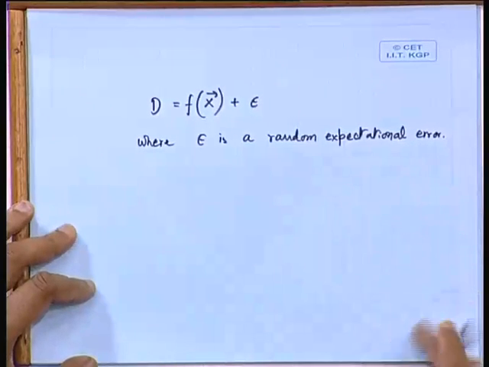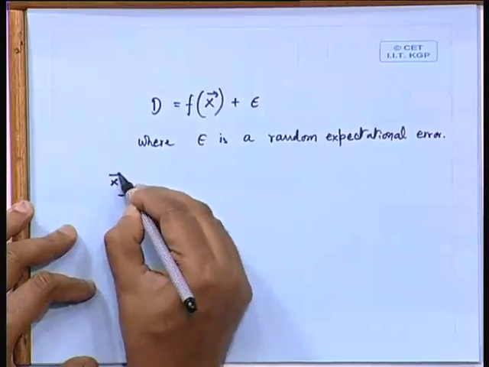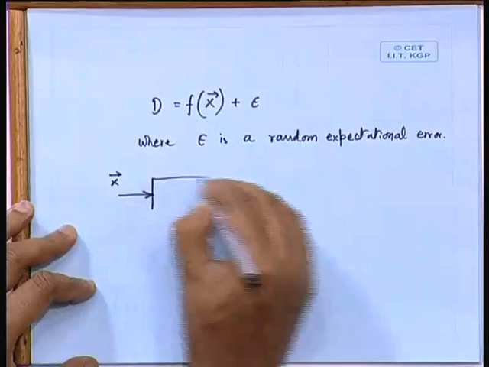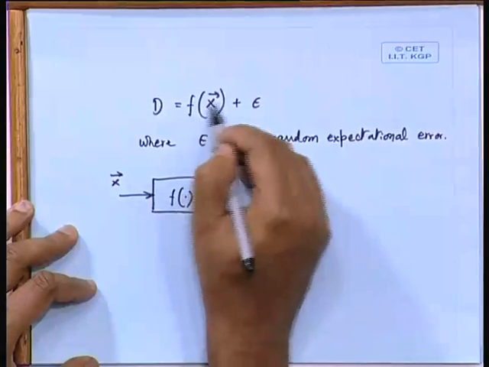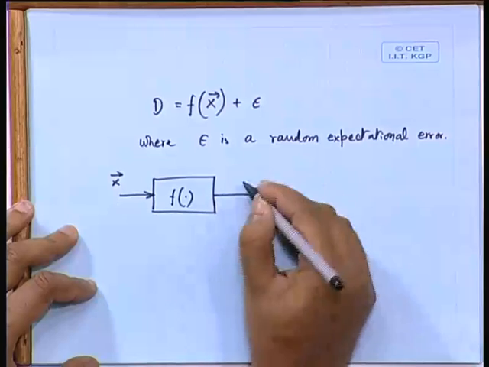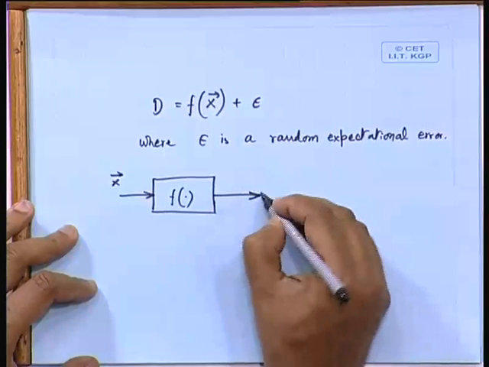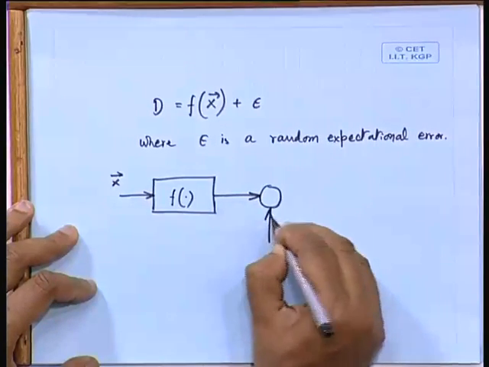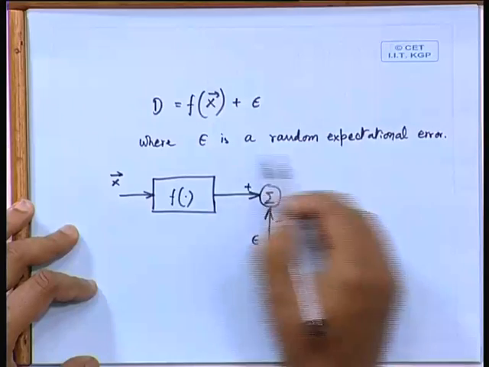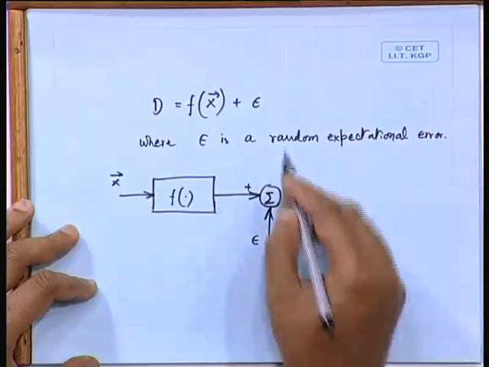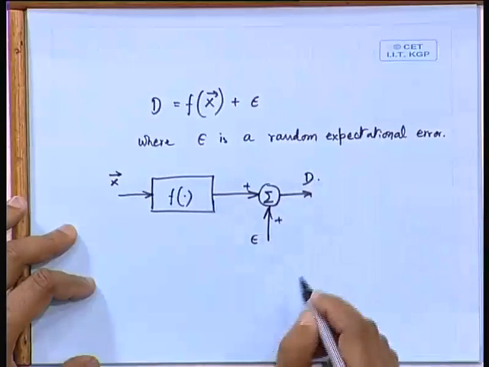And this we can simply depict as follows: x vector is the input, and then we have a function f of x vector, whose output is added to the random expectational error epsilon in a summer, and then we get D as the output.